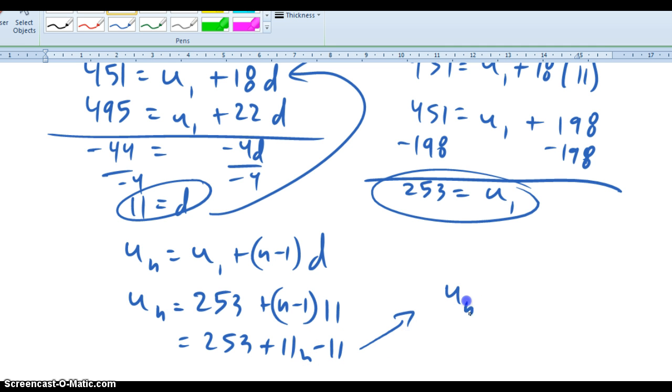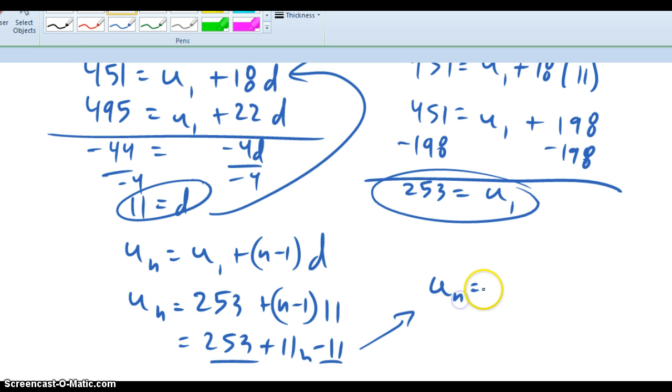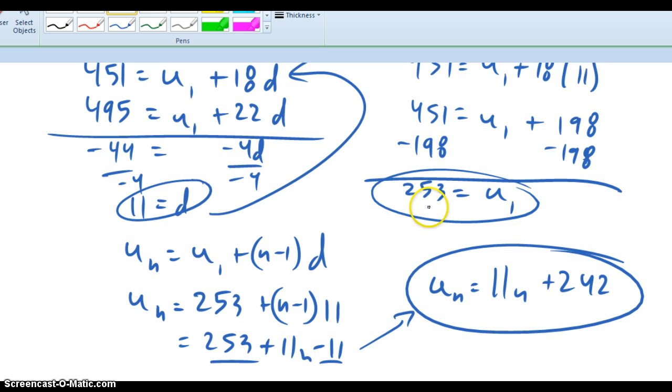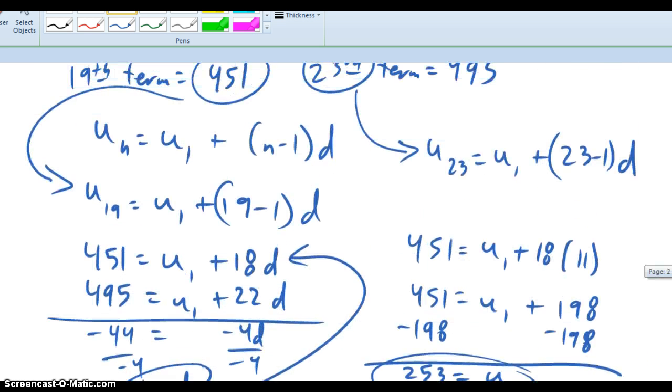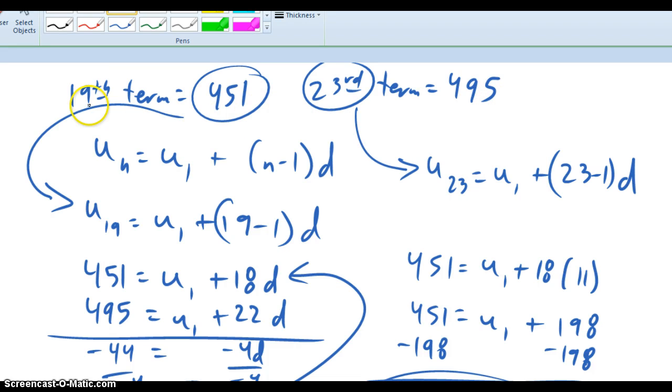I'll combine these two, so u sub n equals 253 minus 11, which is 242. So it's just 11n plus 242. So I found the first term, I found d, and I found the general term given these two terms, the 19th and the 23rd, in this example.